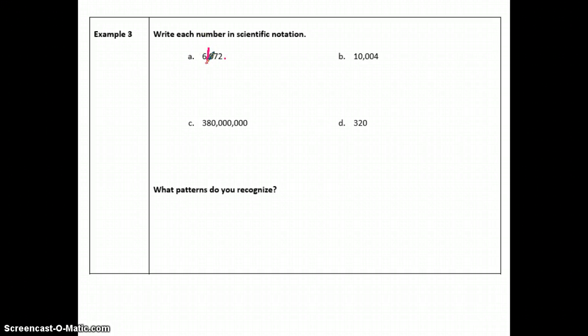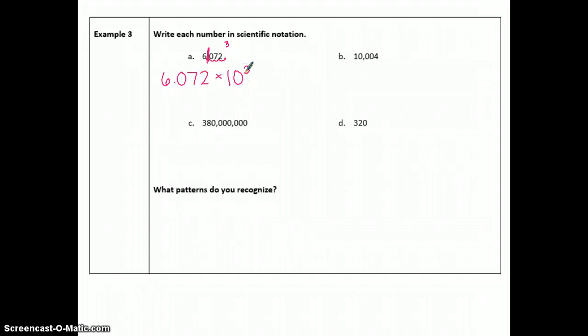We only want one number in front of the decimal point. So we're going to move our decimal 1, 2, 3 spots. So my new number is 6.072. I moved my decimal 3 spots, so this is going to be times 10 to the third power.